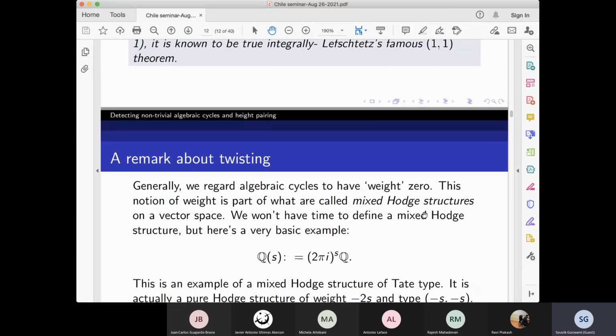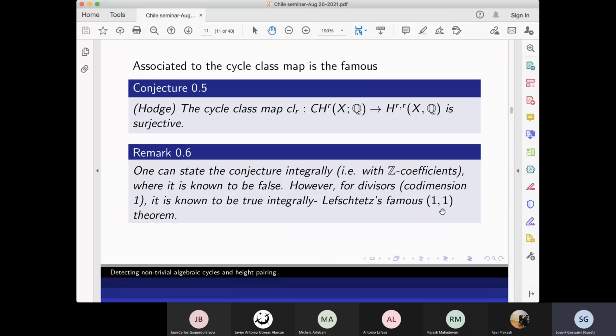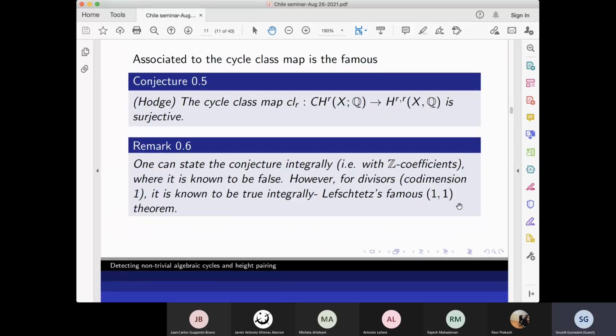Given a vector space, one can associate a mixed Hodge structure. I mean, not all vector spaces, but a mixed Hodge structure is associated to a vector space. It has a weight filtration, which is increasing, and a Hodge filtration, which is decreasing. So it has two filtrations. We regard algebraic cycles to have weight 0, so they land in the weight 0 part of the mixed Hodge structure. In this case, the mixed Hodge structure is the cohomology group.